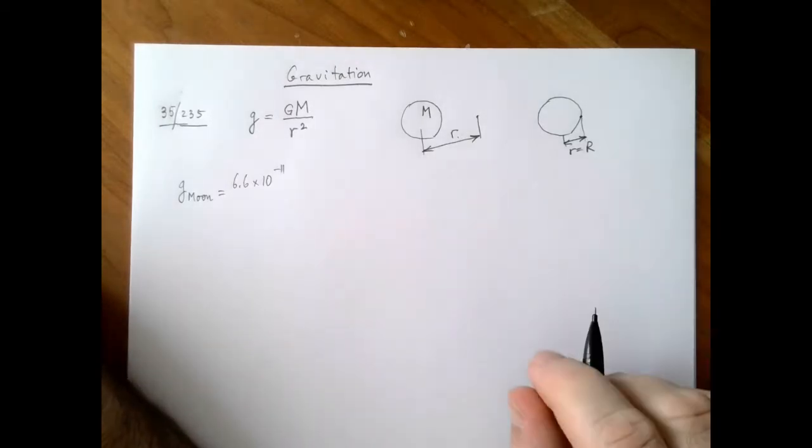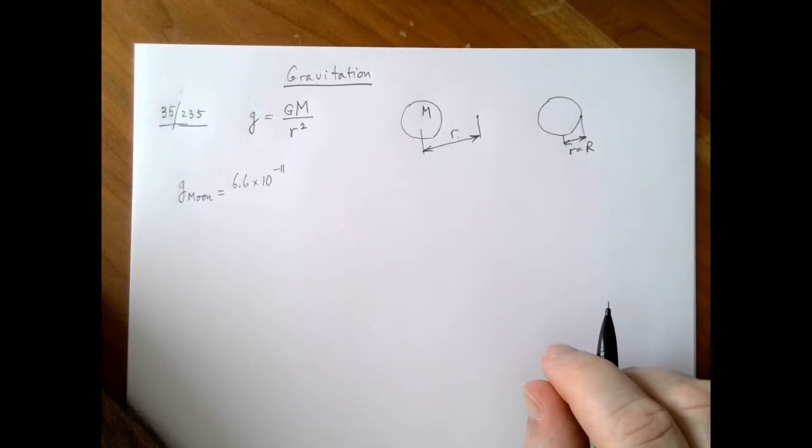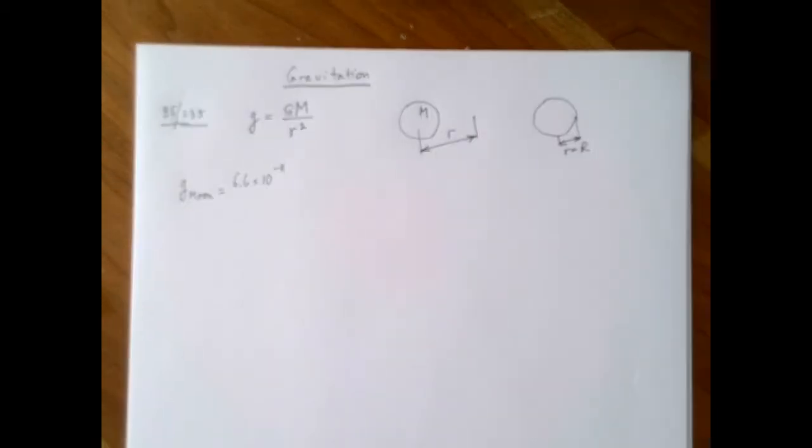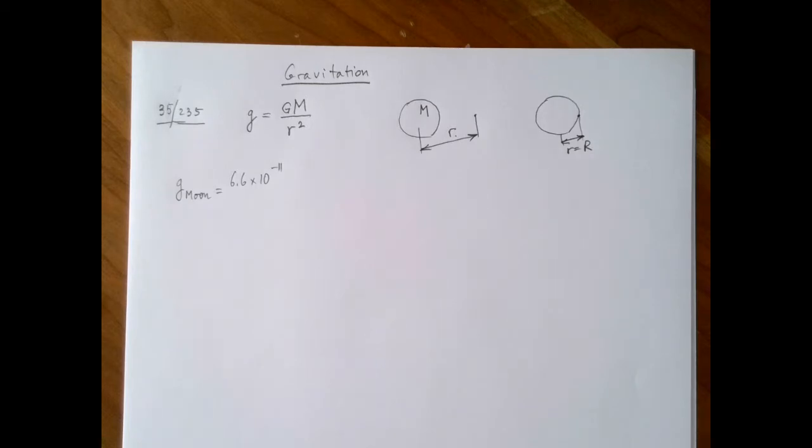So if we go to table 2 in our book, we are not given the mass of the moon in the table. We have to look up the mass of the moon, no problem.